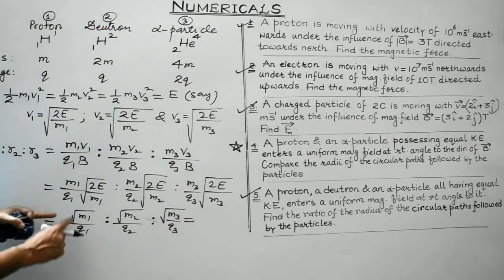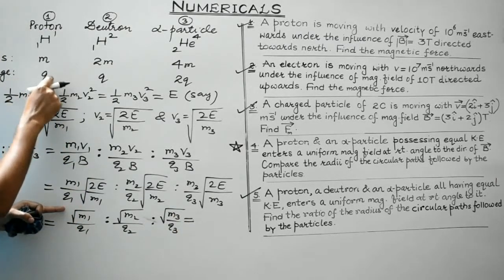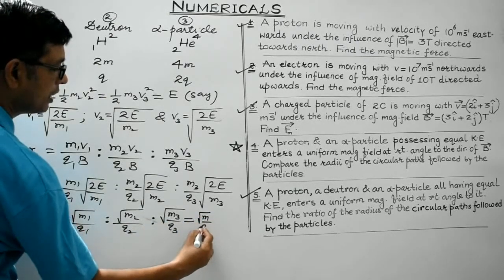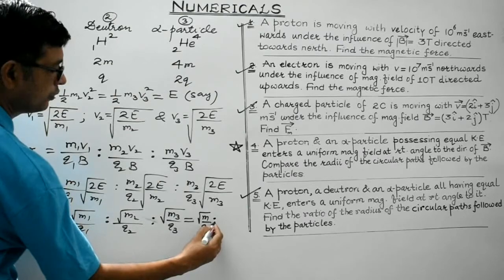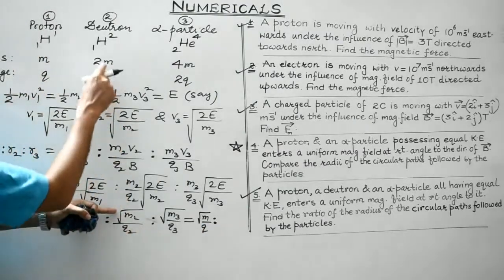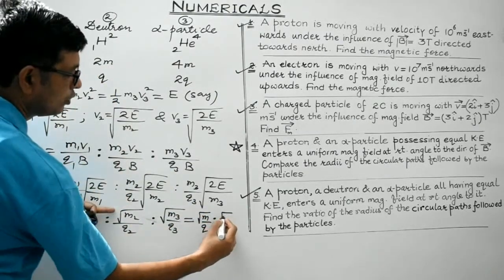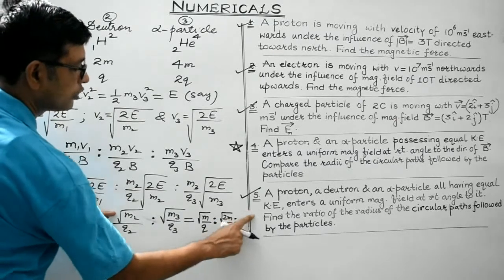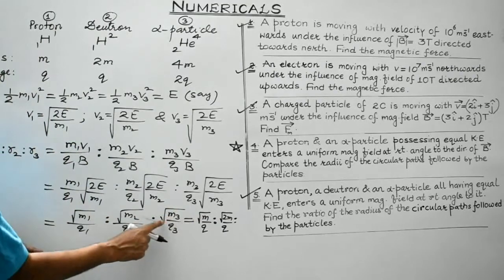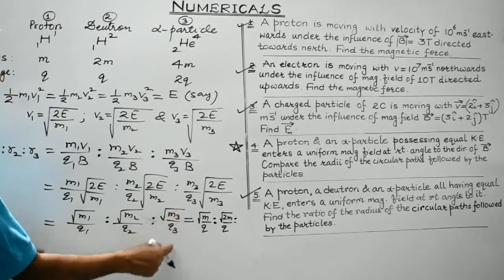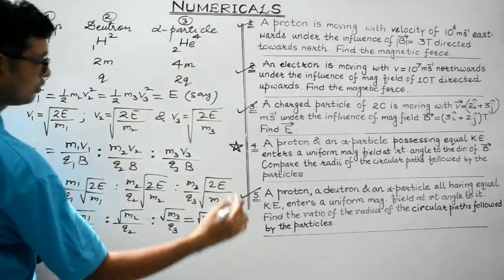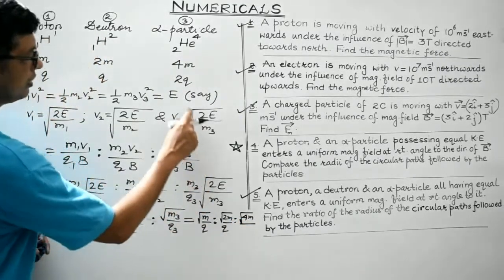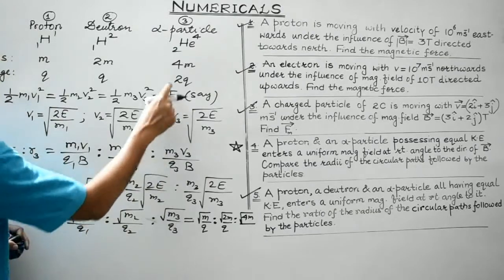So over here, root m by q is to root m2 by q2, that is root 2m divided by q, is to root m3 divided by q3. m3 is 4m, so root 4m divided by q3, and q3 is twice q.